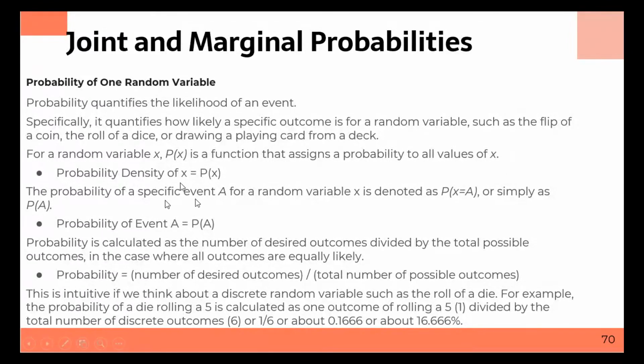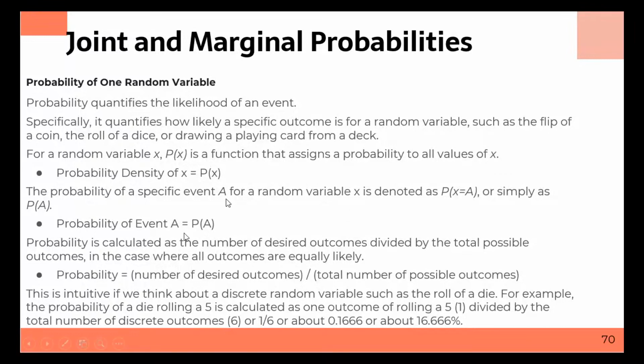What do you mean by a specific event A? We just gave A as a random name so that we can understand it clearly. The random variable X can be head or tail, so that variable can hold any one of the values.